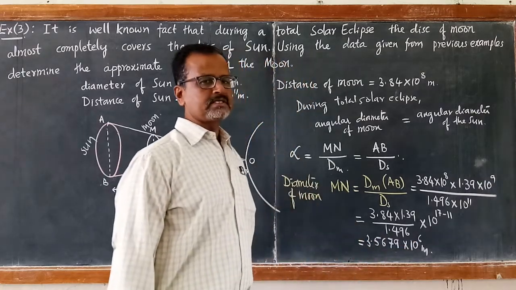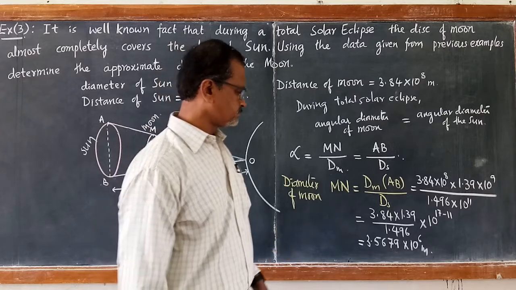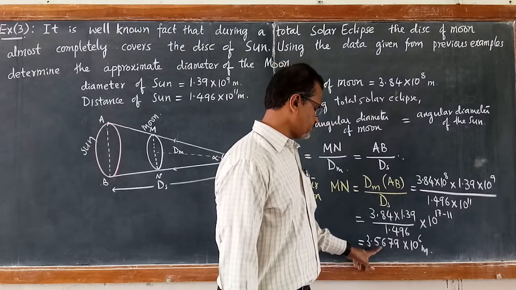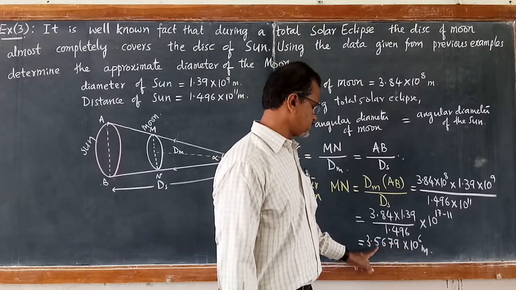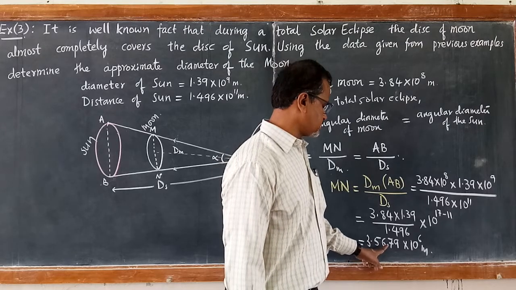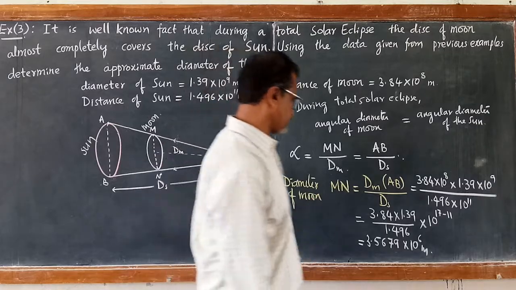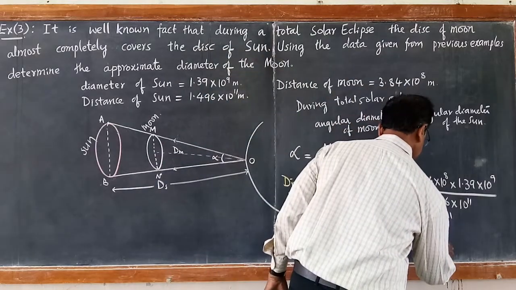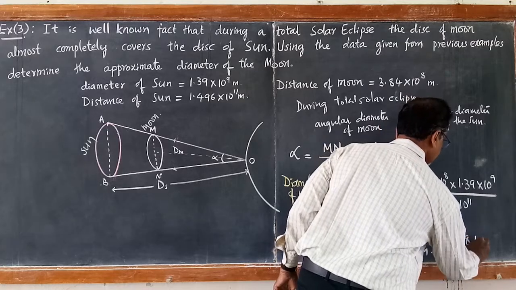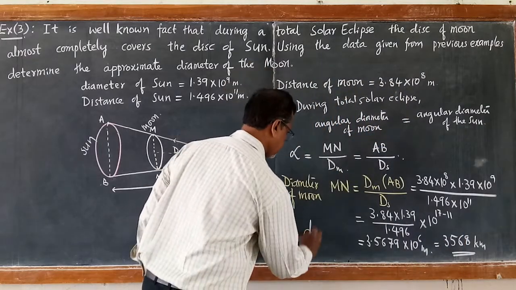If you express it in kilometers, divide this by 1000, it becomes 3567. You can take it as 3568 kilometers. So this becomes the diameter of the moon.